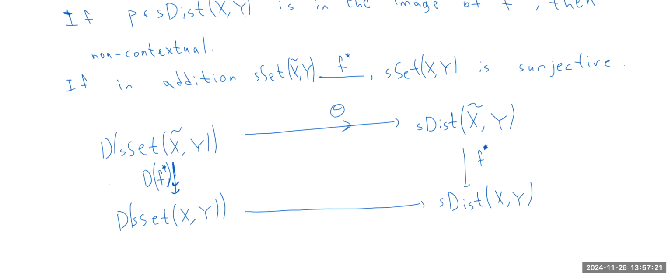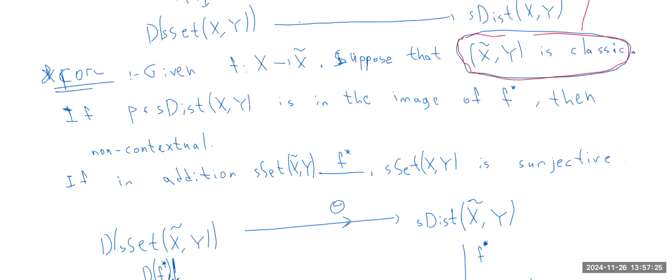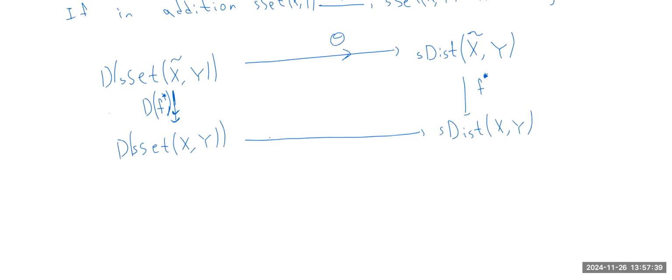So maybe back to what we wrote before, and maybe we can copy paste what we wrote before and write it if and only if. I think it's not good. Okay, let's write it here.